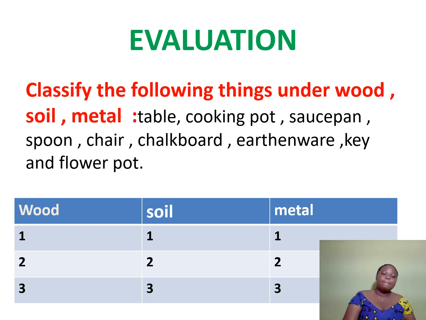So this is in a table form. We have wood, soil, and metal. We are going to classify them under each, okay? So what belongs to wood, you bring it there. What belongs to soil, you bring it there. What belongs to metal, you will bring it there. I hope it's well understood.